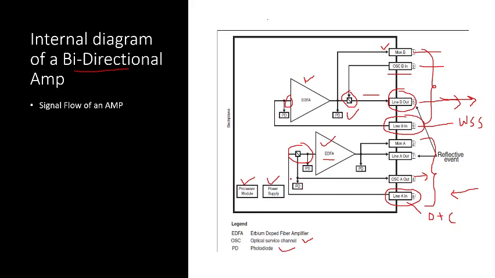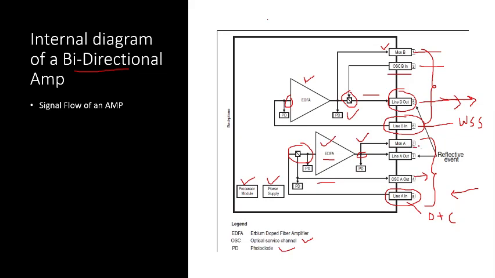We also have PDs, photo detectors, to monitor the OSC power which we are getting here, and to monitor the input power before giving the signal to the EDFA. Once the signal is amplified with the EDFA, again we monitor the power, and we tap the power and give it to a monitor port, port number 2.